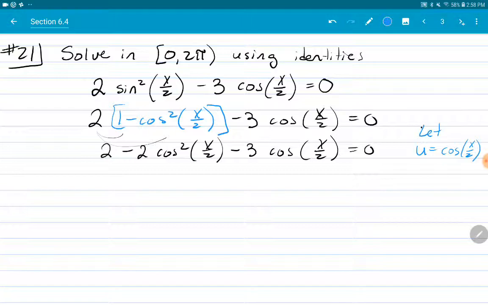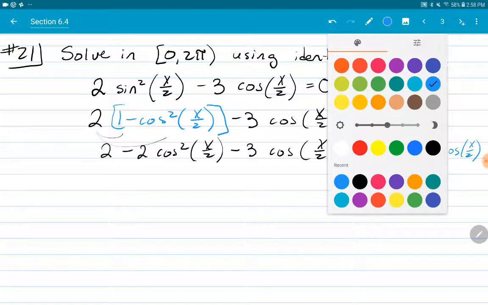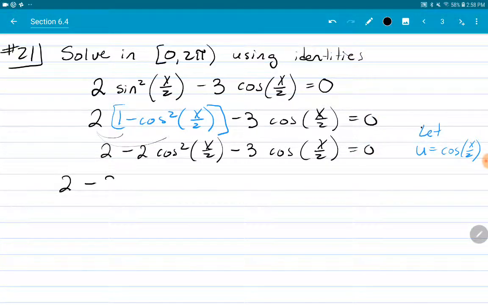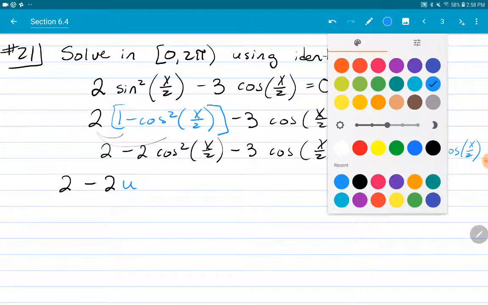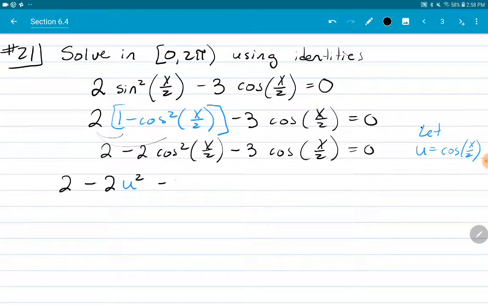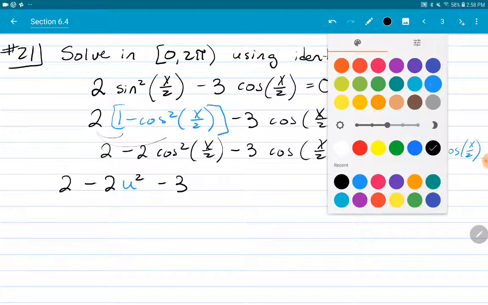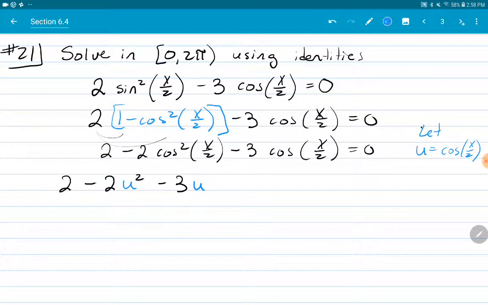So I'll have 2 minus 2u squared minus 3u equals 0. Now if I reorder this, because it's a quadratic, I want descending order of the power. So negative 2u squared minus 3u plus 2 equals 0.